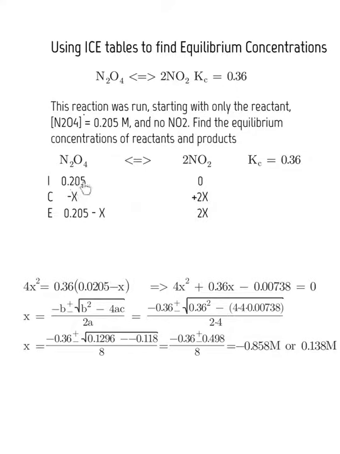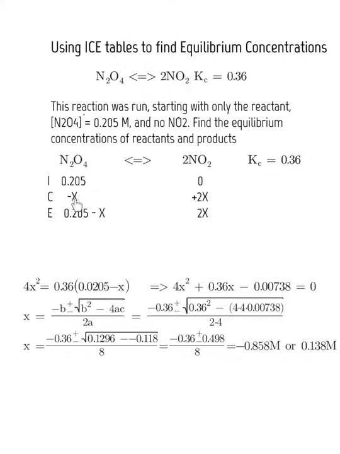If you notice in our ice table, we've got initially 0.205 molar N2O4, and then we don't have any NO2 initially. Now, if you look at our stoichiometry in our reaction, we start off with 1 mole of N2O4 and it's dissociating to 2 moles of NO2.